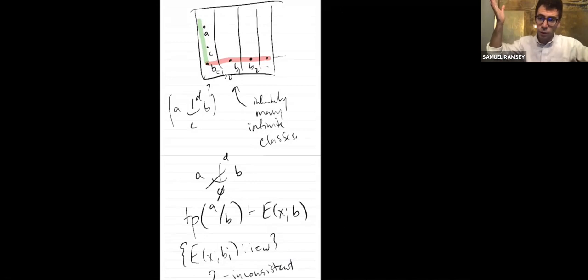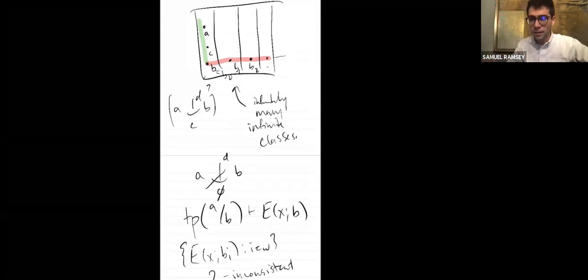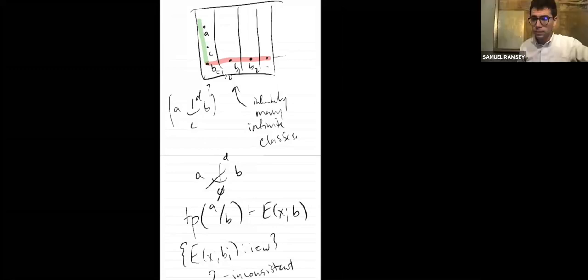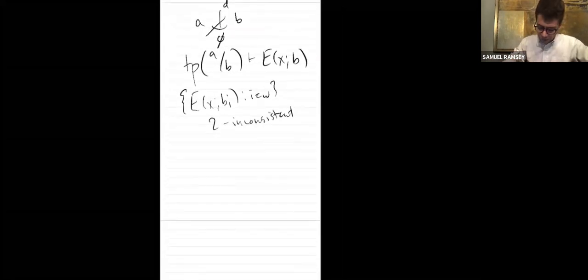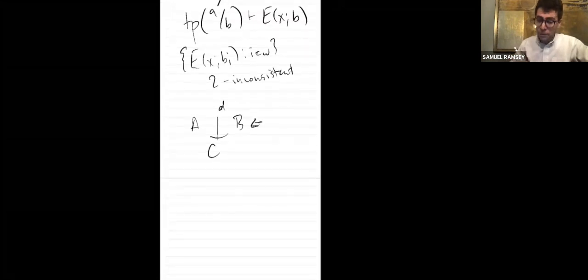So does anyone want to venture a guess for what independence is in this case? What dividing independence looks like? So I have three sets, A, B, and I want to know when they're independent over C. And this is going to happen when two things happen.